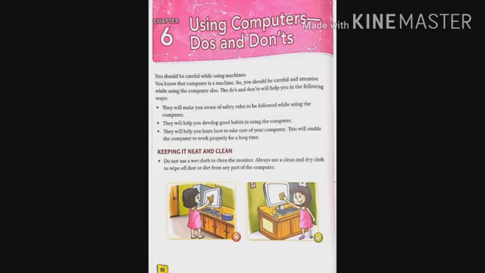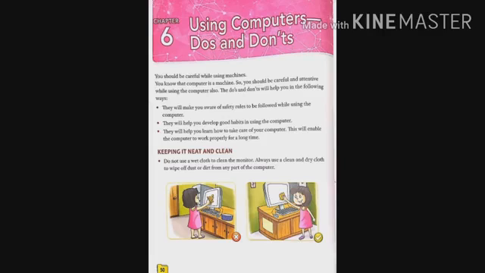You should not eat or drink near the computer. While you are in the computer room, there is no need to eat or drink near the computer. If you eat or drink near the computer, what will happen?